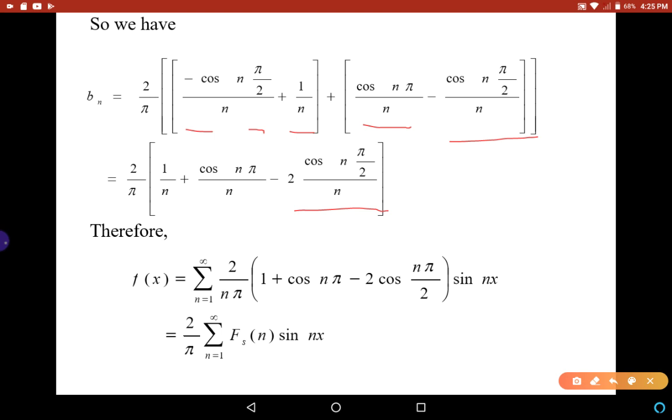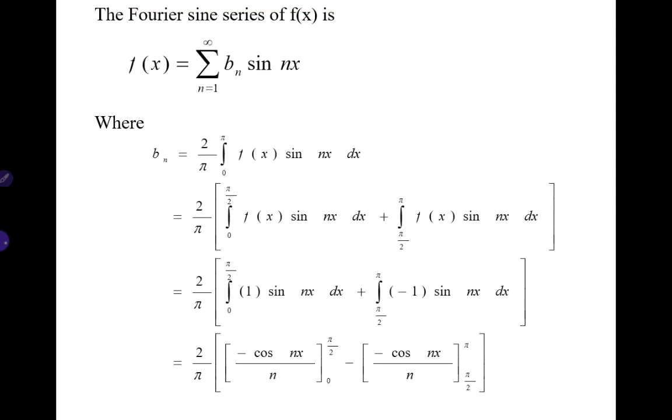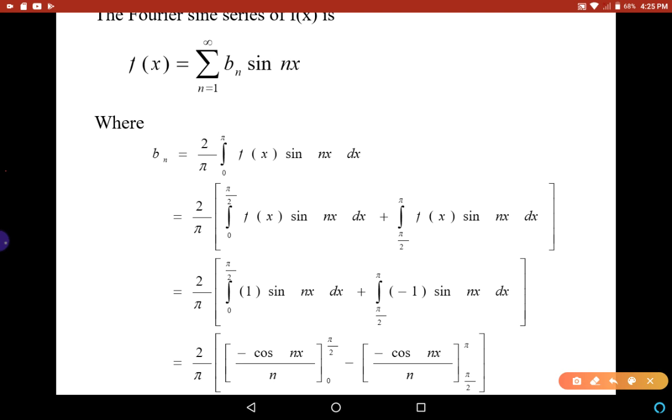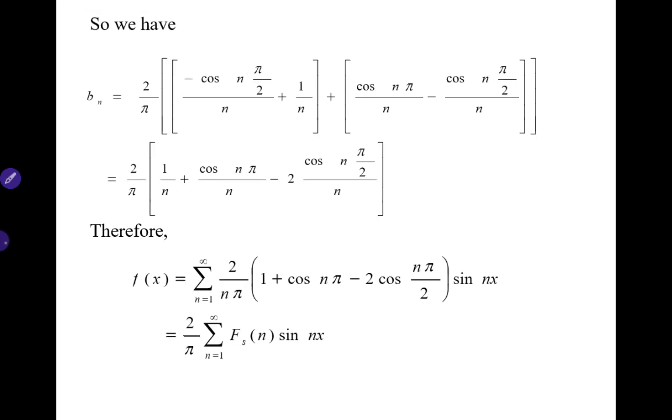Now let us substitute the value of bn in the Fourier sine series. The Fourier sine series is given by f(x) = sigma bn sin(nx). Now we substitute the value of bn here. Then we get f(x) = sigma n = 1 to infinity (2/(nπ)) (1 + cos(nπ) minus 2 cos(nπ/2)) sin(nx).